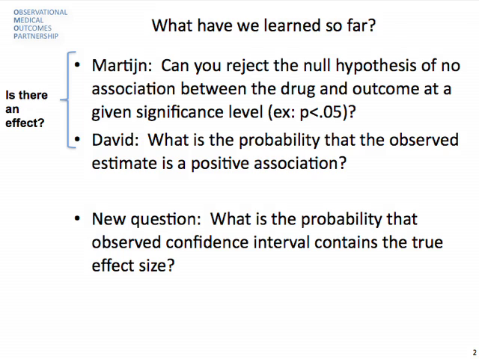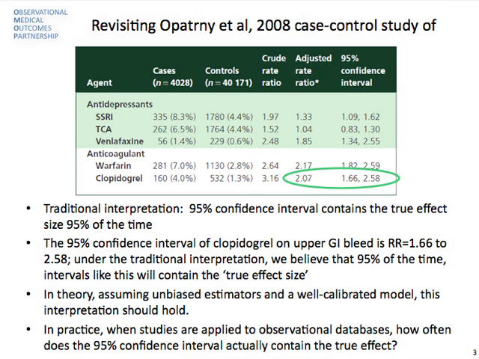But I want to take you through a slightly different question: what is the probability that the confidence interval we estimate contains the true effect size? Instead of asking whether there's an effect, how big is the effect, and what can we learn from observational data about that?